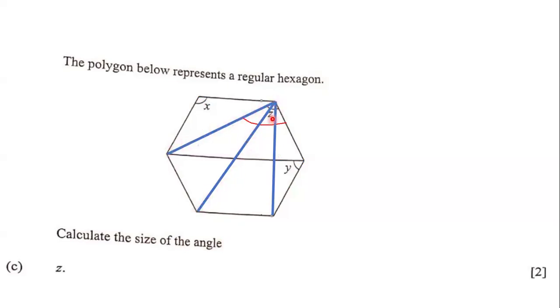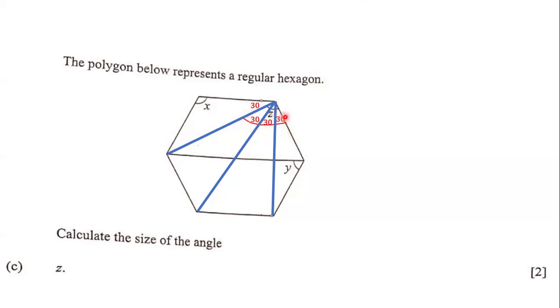We know that each one of these little spaces is 30 degrees, because the full thing is an interior angle, and that's 120. If we take 120 and divide it by 4, because there's 1, 2, 3, 4 spaces, we get 30 degrees.